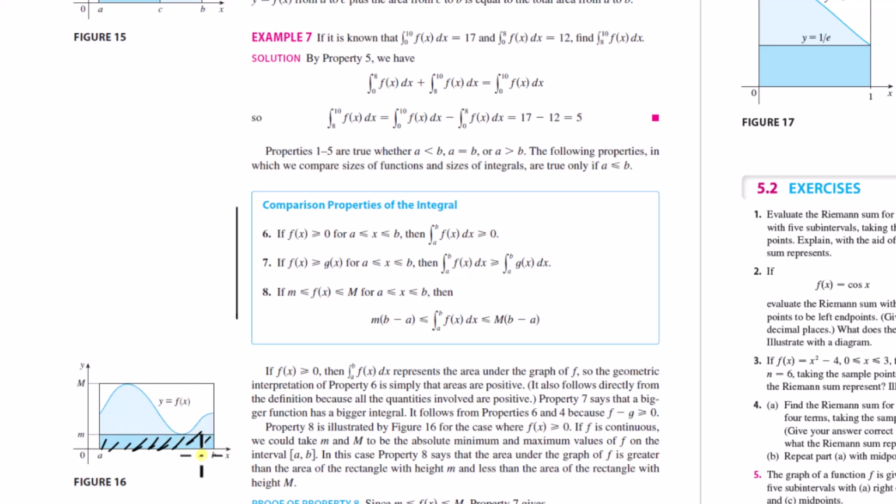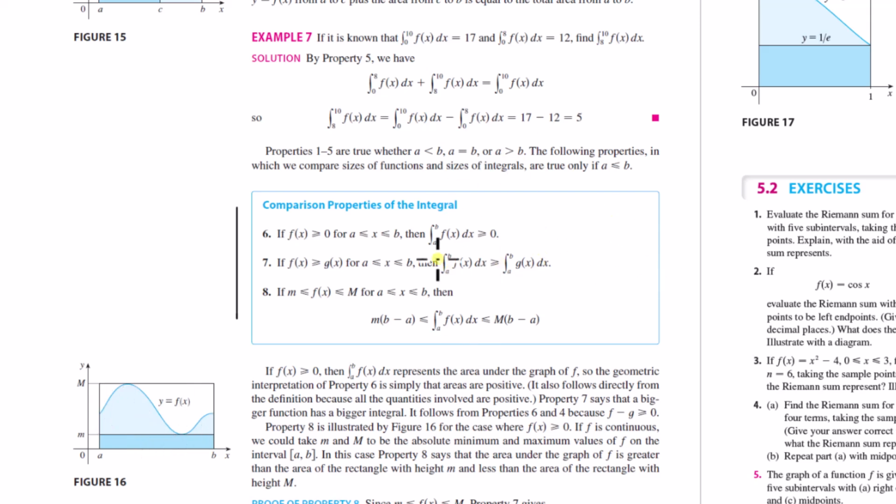And the actual definite integral is going to, no matter what, be less than or equal to this area. That's what they're saying, okay?